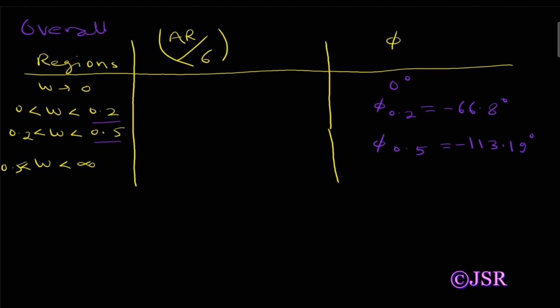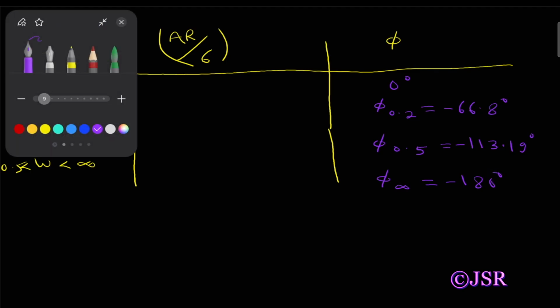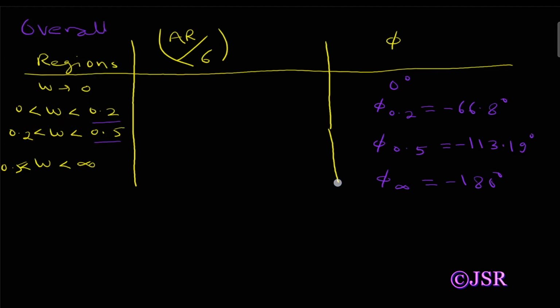And when omega tends to infinity, phi at infinity will be minus 180 degree. So we will have these four values of phase shift for these four different regions.